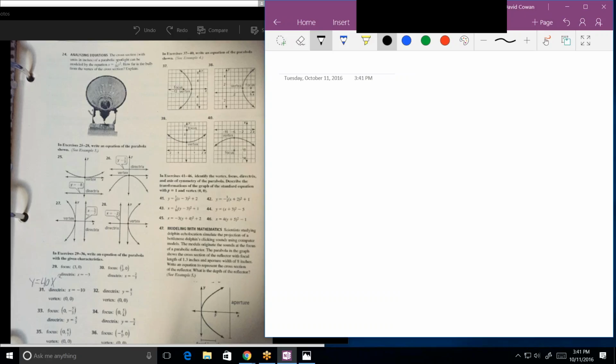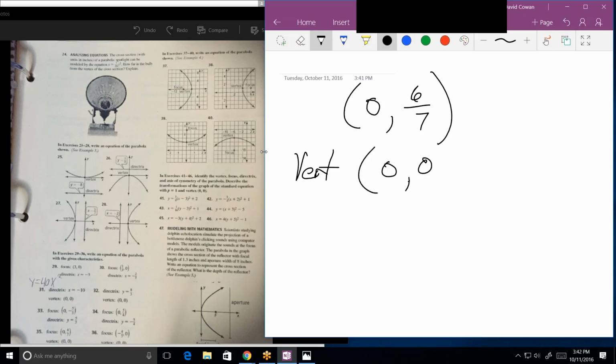How about another one? You can pick any one you want. Let's do number 35. Focus is at (0, 6/7). Positive, okay. And the vertex is at (0, 0).